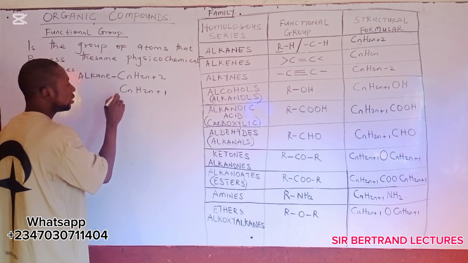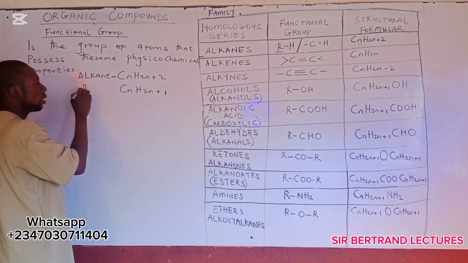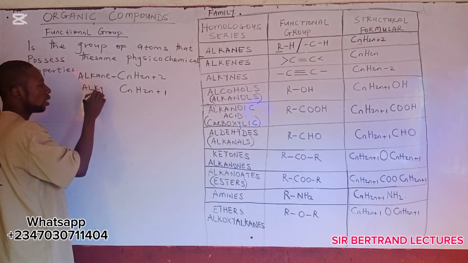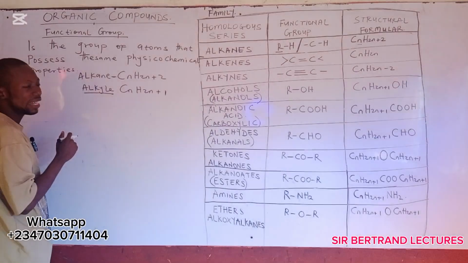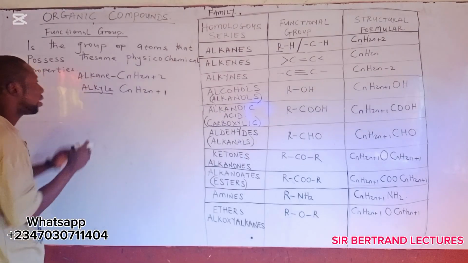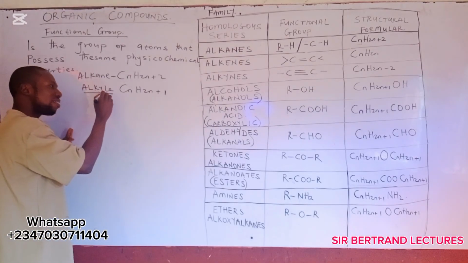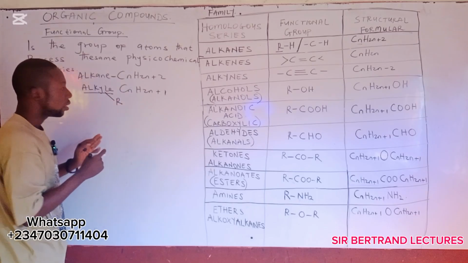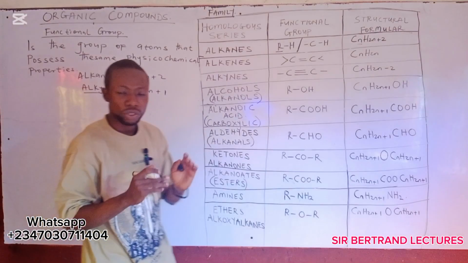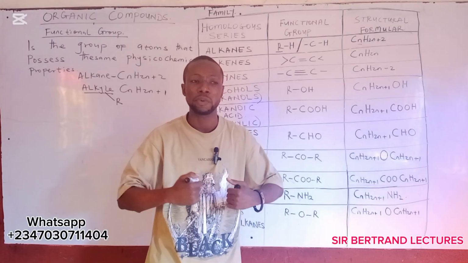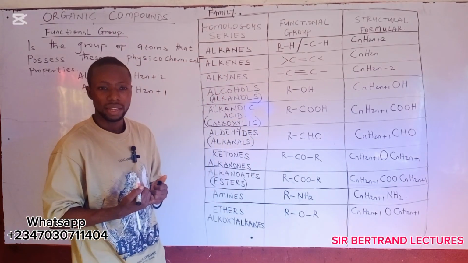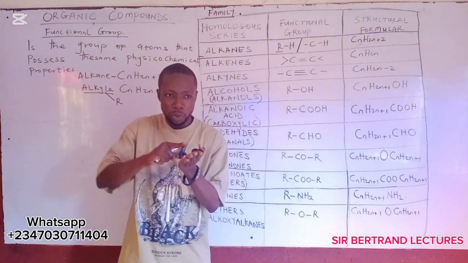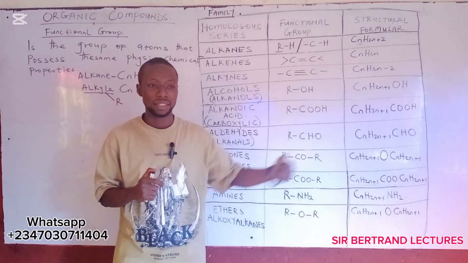Then this is going to be alkyl. And in organic chemistry, alkyl groups are represented with R. Do you understand? But alkyl is not most times regarded as a functional group. It is simply obtained by removing one hydrogen atom of alkane.